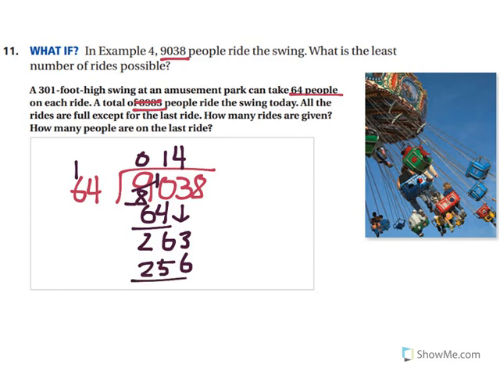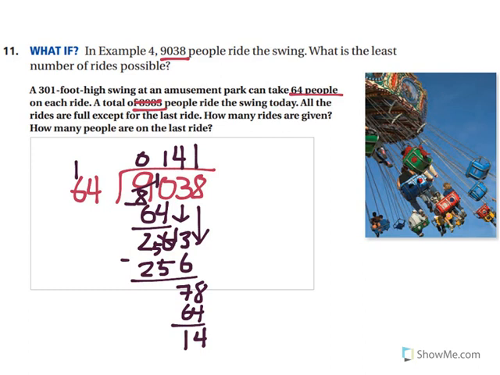Ooh, just made it. Going to subtract. The 6, I'm going to have to borrow from, make it into a 5, and make the 3 into a 13. 13 minus 6 is 7. And then the rest cancel out, bringing down my 8. 78. So 64 goes into 78 one time. So 1 times 64. I subtract, and I get a 14.